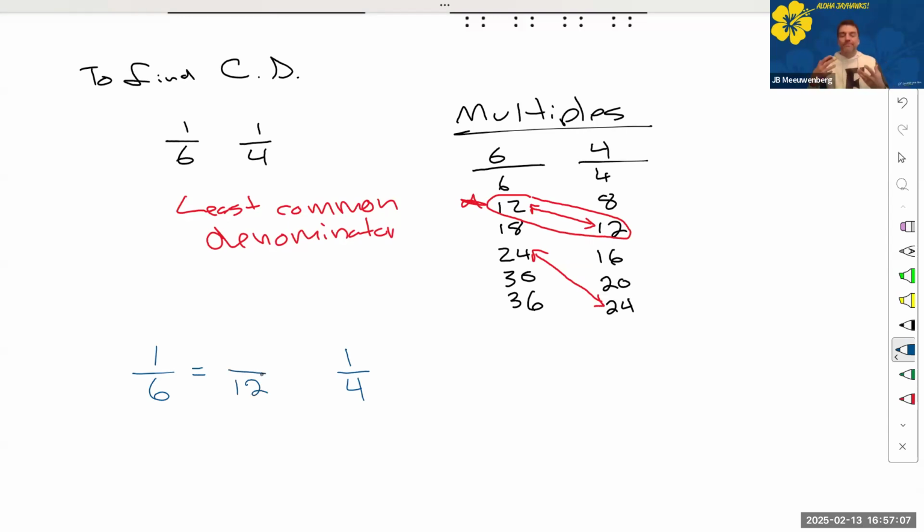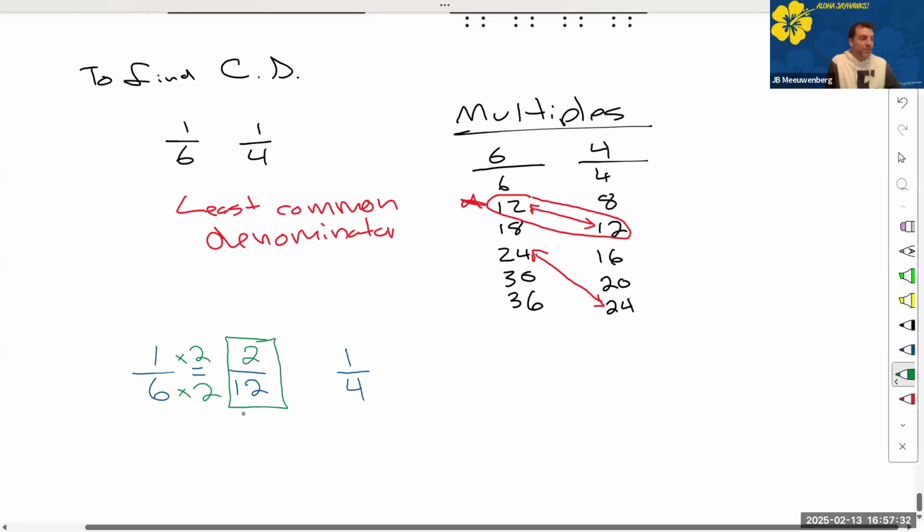So we use the principle we talked about earlier in another video of multiplying our numerator and denominator by the same number. We can do that, and it's still an equivalent fraction. We notice that 6 times 2 is equal to 12, so 1 times 2 must be equal to 2. This is our equivalent fraction to 1/6.